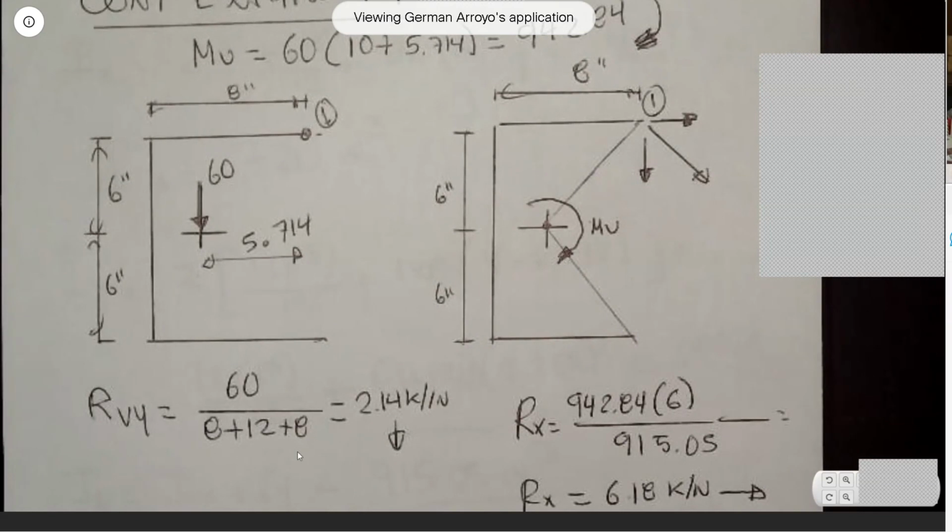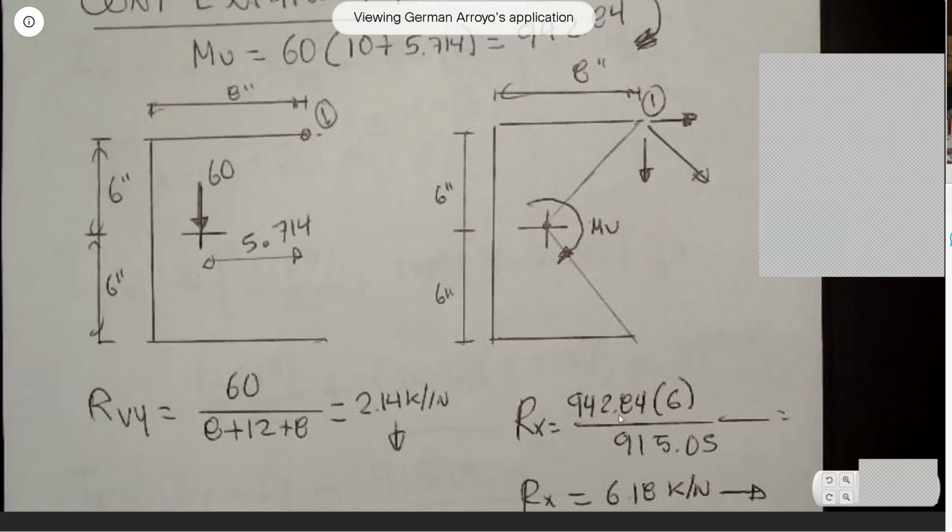I just want to point out that there are 8, 12, and 8, where every inch is coming from. So the force divided by all the lengths of the weld gives 2.14 kips per inch in the same direction as this. For the moment, this moment is 942.84. To find the component in X, we use the Y distance, and this Y distance is 6.